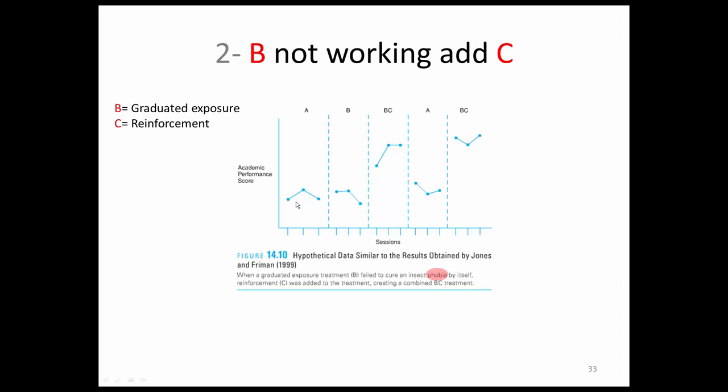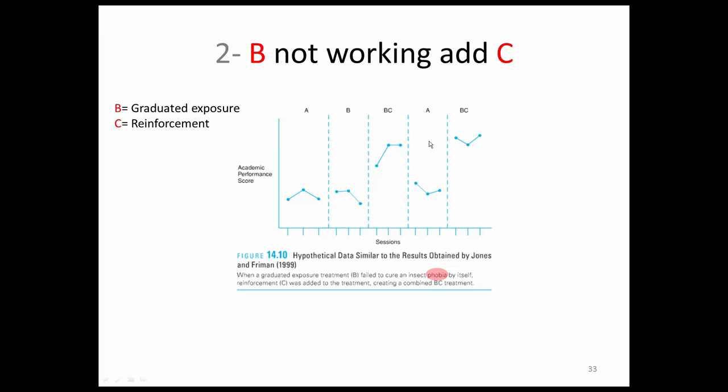So in this example, you see this is the baseline, no treatment. You start your B treatment, which is the graduated exposure, and you see it didn't change anything. So next time you use both the graduated exposure and reinforcement, and see it's working.